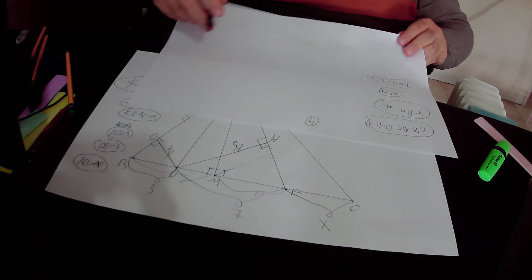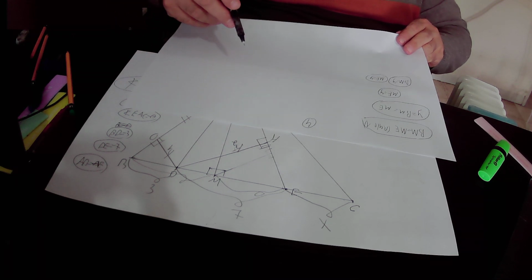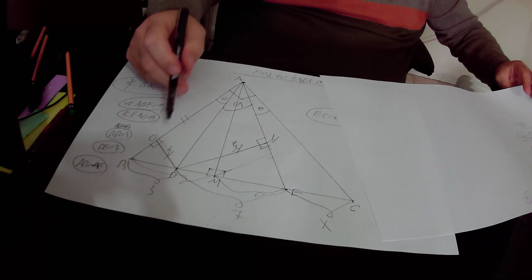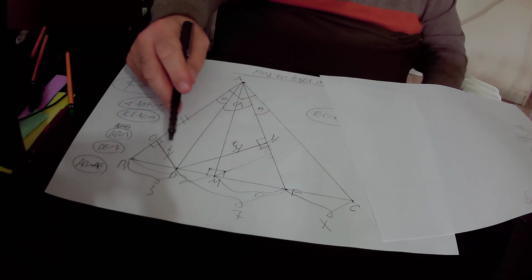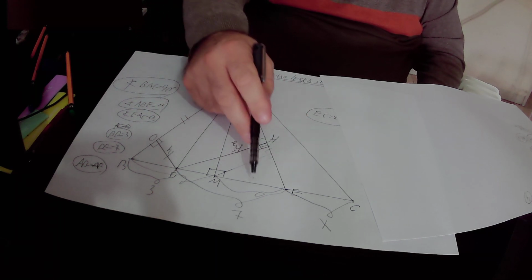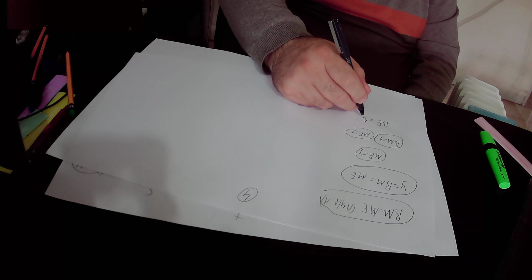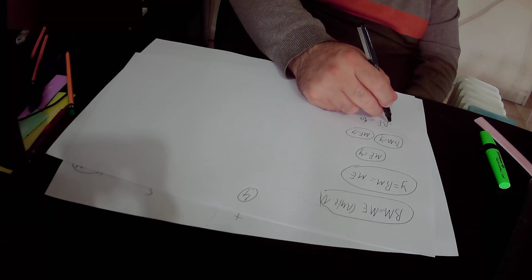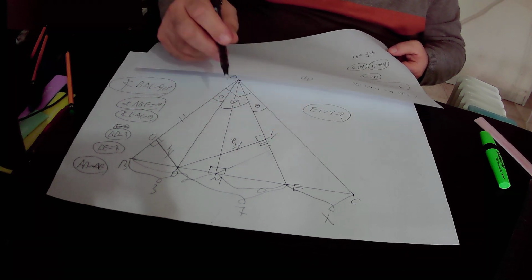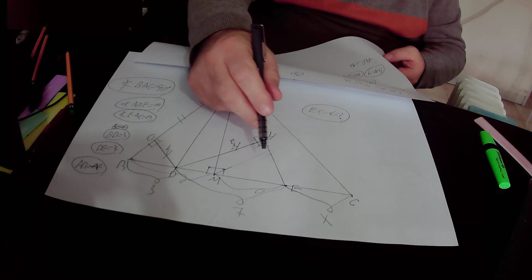So what is the value of BE? The base BE, from one side, BE equals BD plus DE, that is 3 units plus 7 units. 3 plus 7 is 10. So from one side BE equals 10, but from the other side it equals BM plus ME, and BM equals Y and ME equals Y according to our definition.